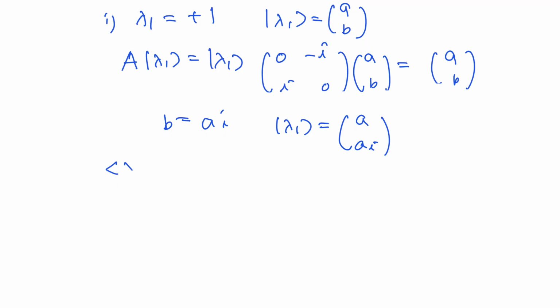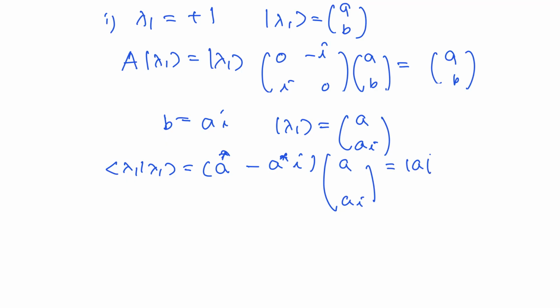So what is the normalization? a times a complex conjugate, plus ai times its conjugate, is a squared plus a squared, equal to 2a squared, which is equal to 1. So a is arbitrary, we can choose a is 1 over square root of 2.